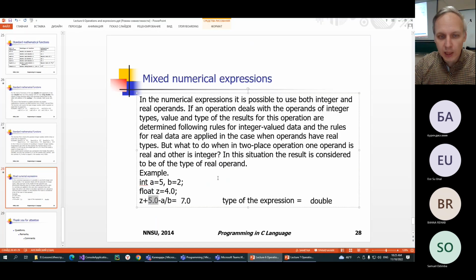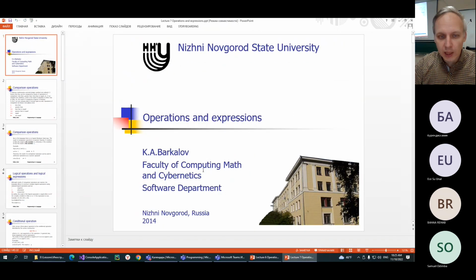You should always remember that you will have two different data types, and double is more powerful. Well, we have 15 minutes, and also we have time to consider one more operation.